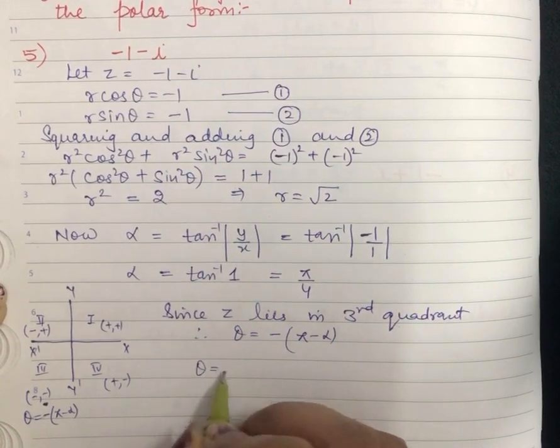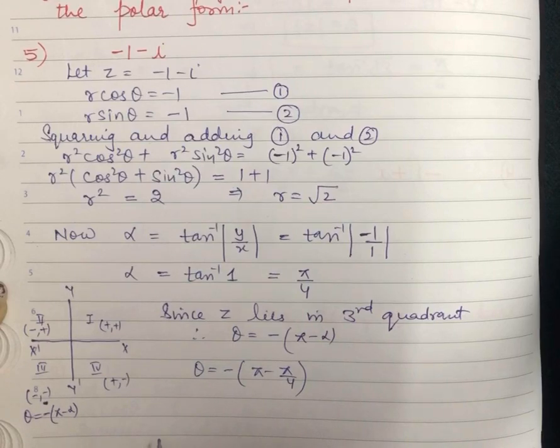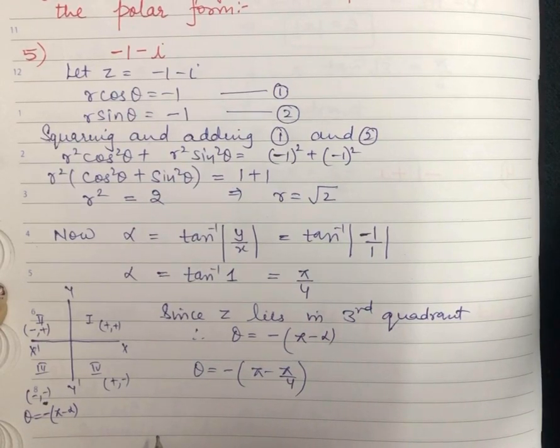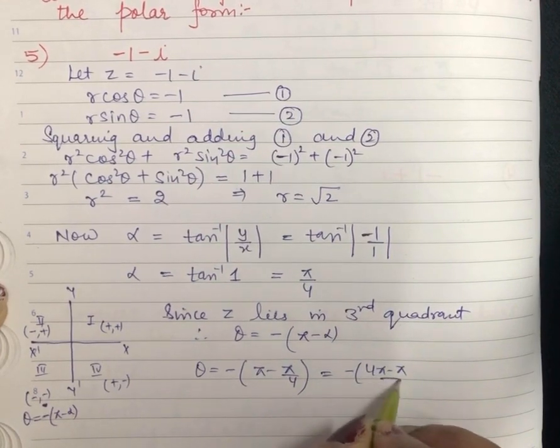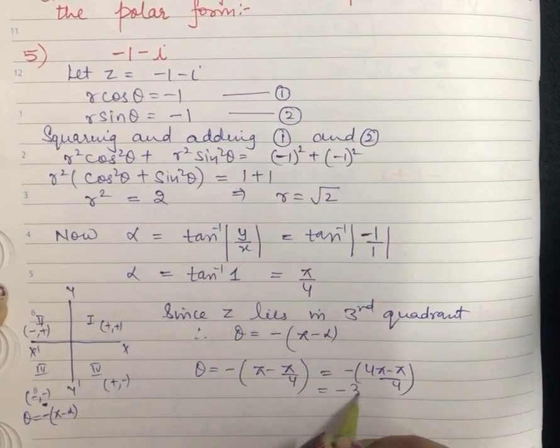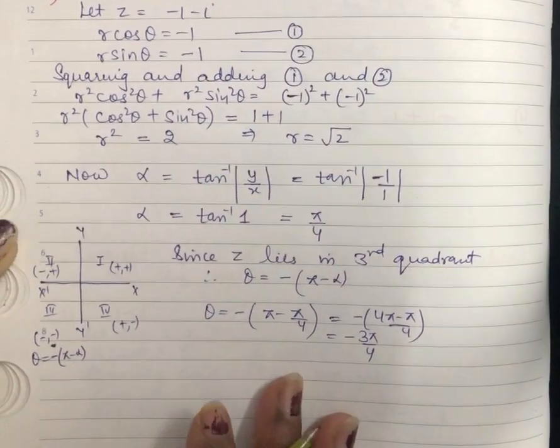That is, theta is equal to minus of pi minus pi by 4. That is equal to minus of 4 pi minus pi by 4, which is minus 3 pi by 4. So theta is minus 3 pi by 4.